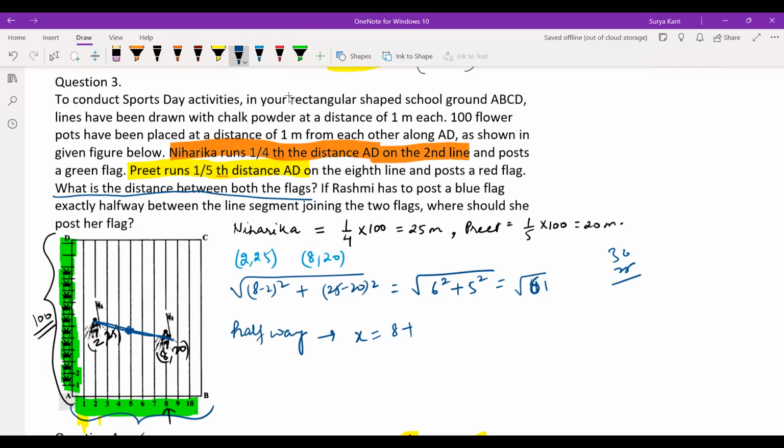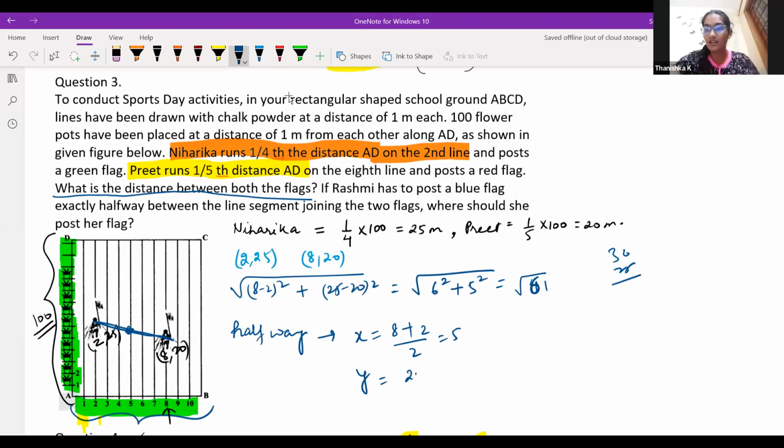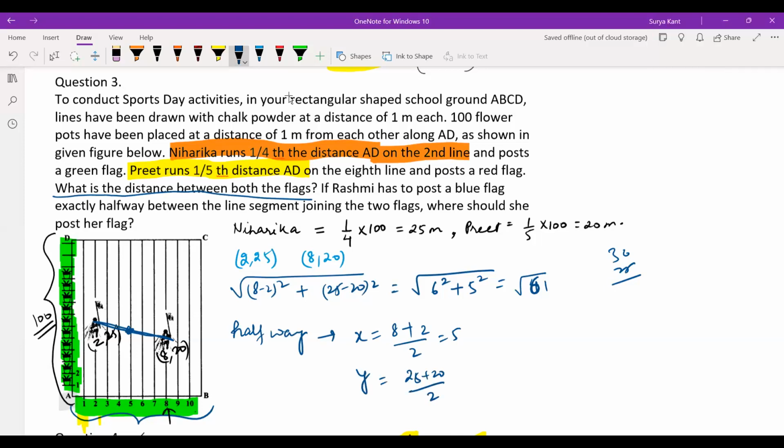So (x1 plus x2) by 2, that you got as 5, right? Yes, sir. And here is 25 plus 20 divided by 2. That is 45 by 2. The answer is 22.5. So this is Rashmi's flag, and she has to post a blue color flag, blue flag. That's all.